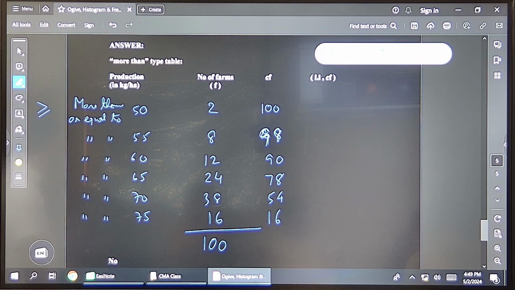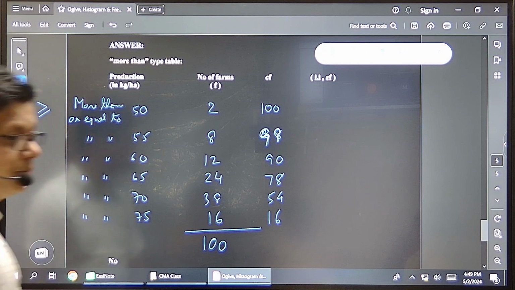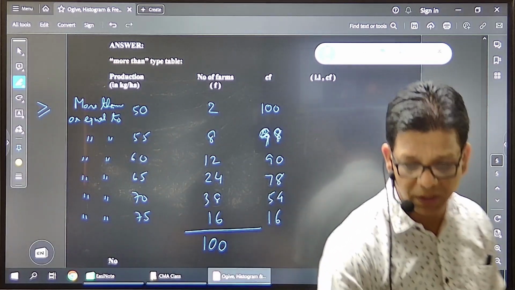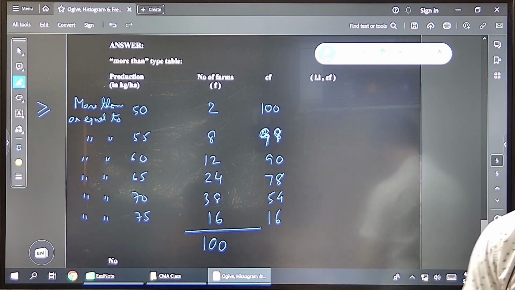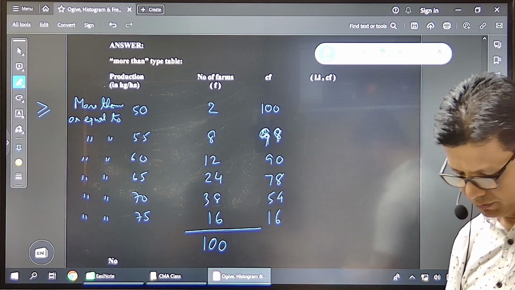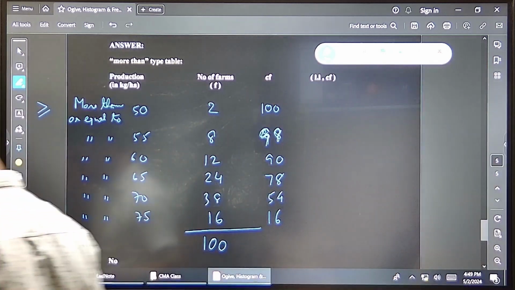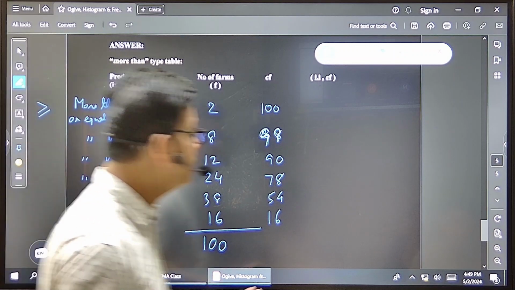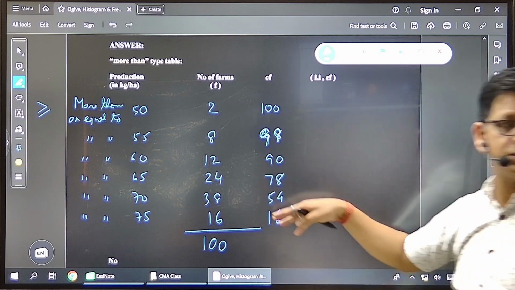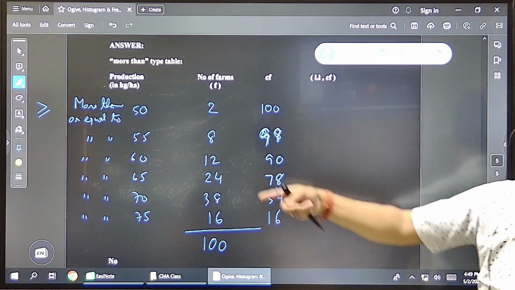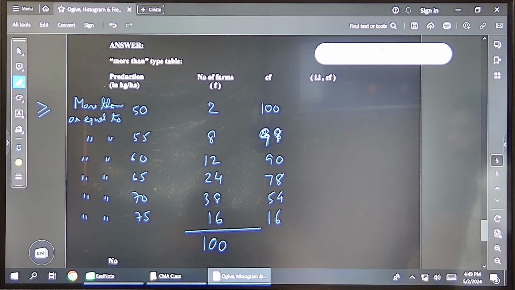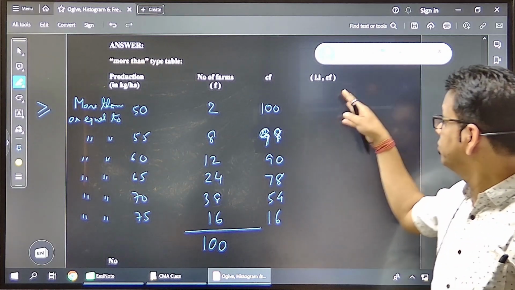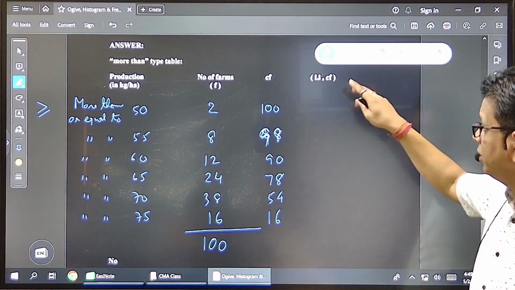And this is how the cumulative frequency can be obtained. So it is just the reverse of what we have done in the previous table. Is it okay? Let me repeat before I go to the ordered pairs.